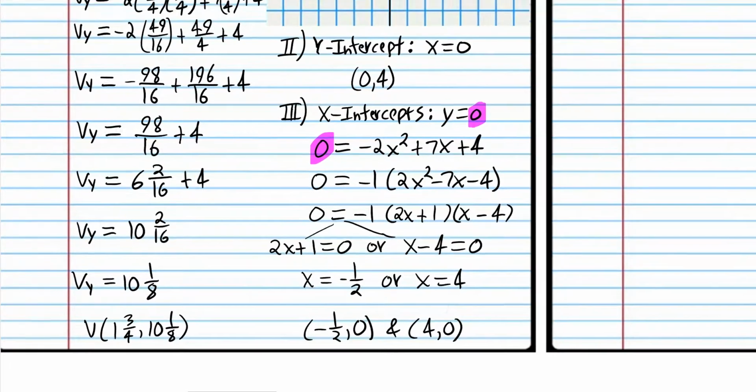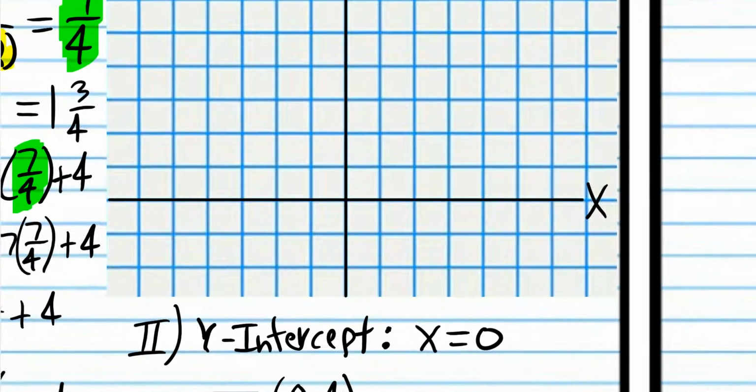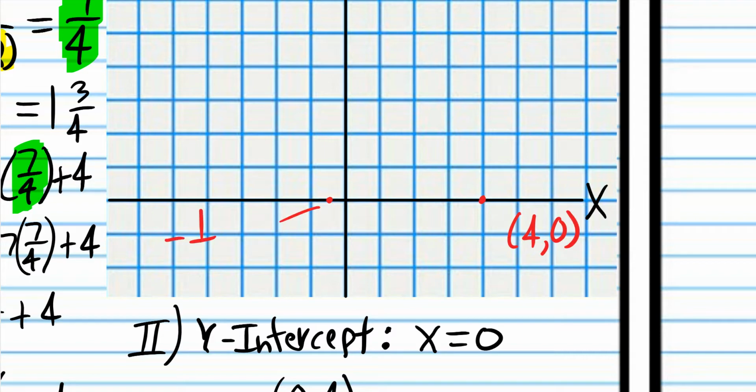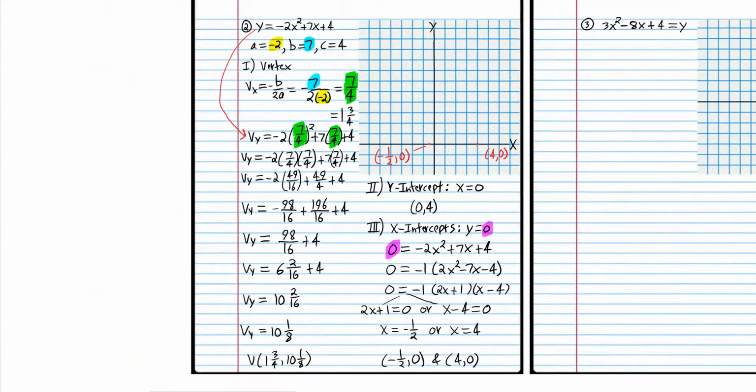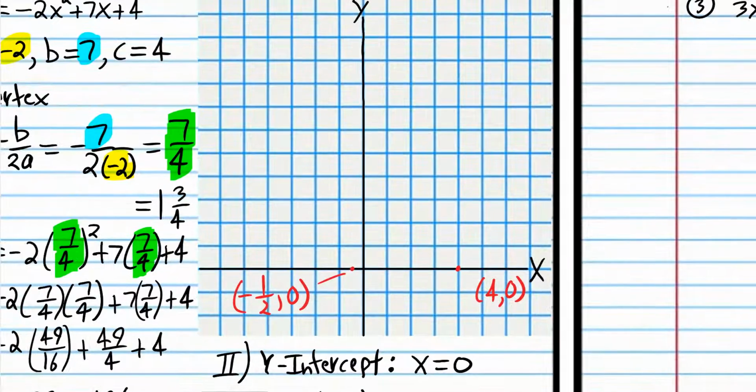So let's go ahead and plug that in, or find the intercepts, negative 1/2, 0, and 4, 0. And let's write the y-intercept, which is 0, 4. Whoops. Sorry, sometimes it does that. 0, 4 is here.